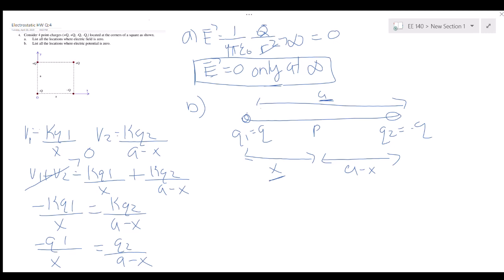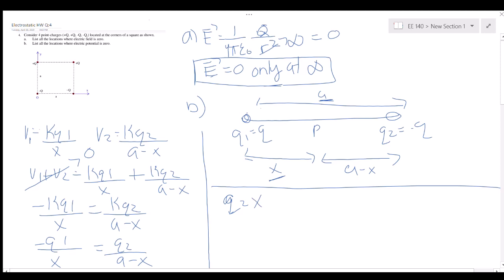We then cross multiply. You get Q2x is equal to negative Q1a plus Q1x.